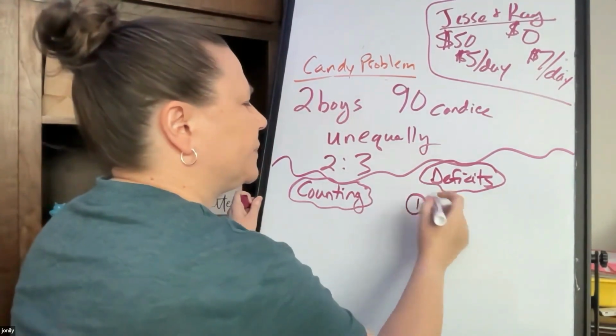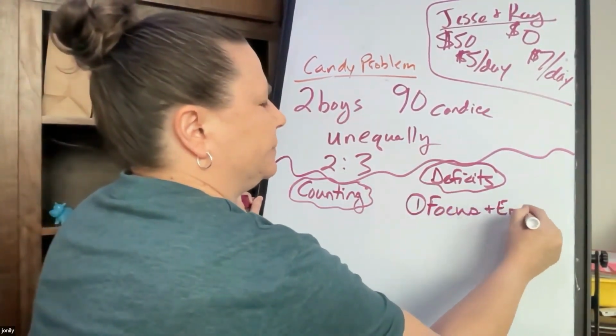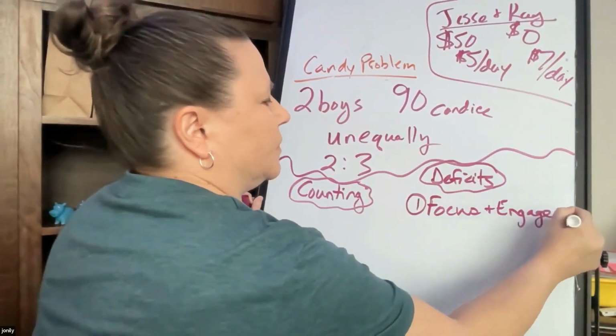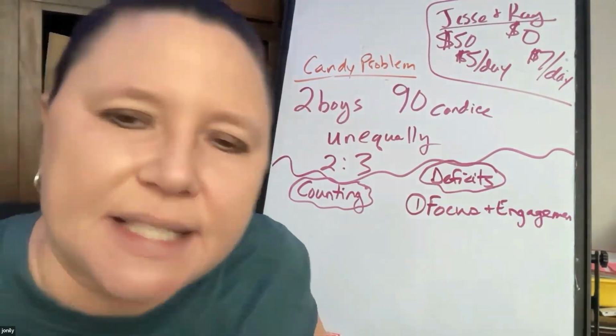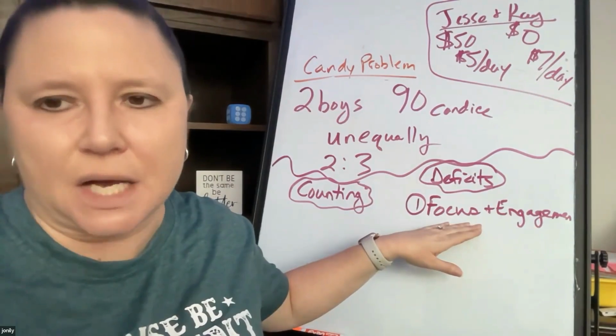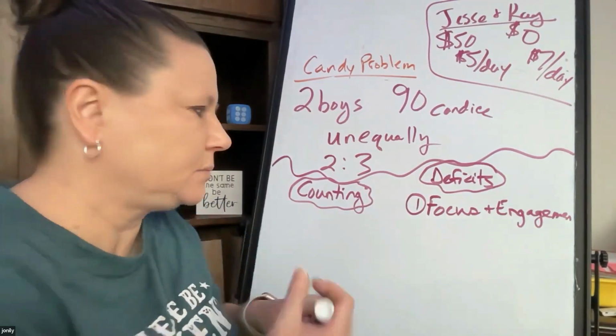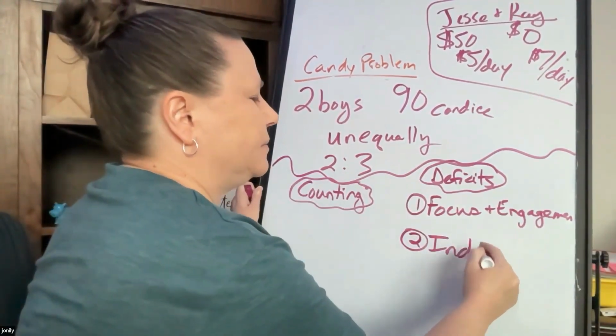Number 1, focus and engagement. My kids don't have focus. They're not engaged. They're not on task. I can't get their attention. That's a me problem, not a student problem. Number 2, individualization.